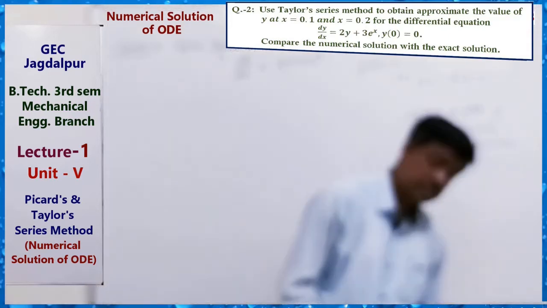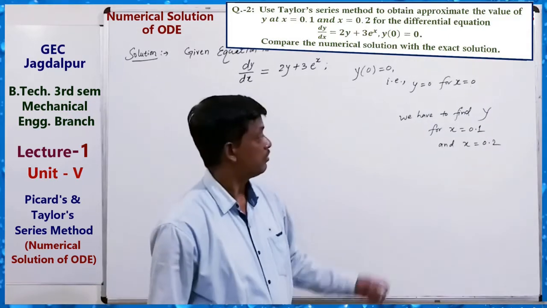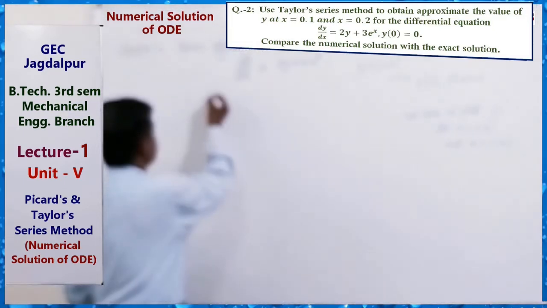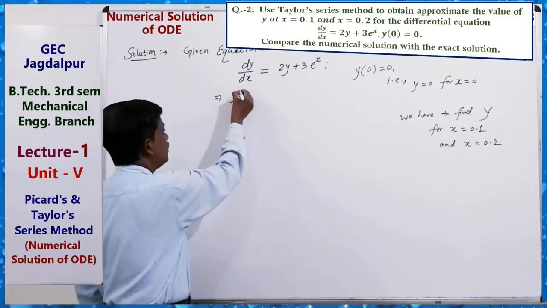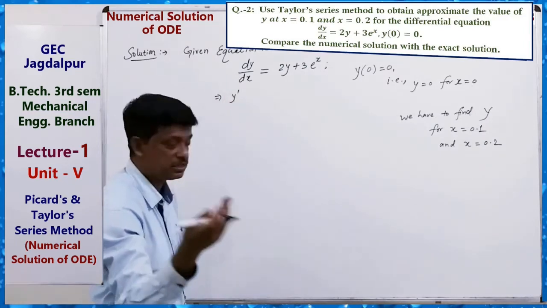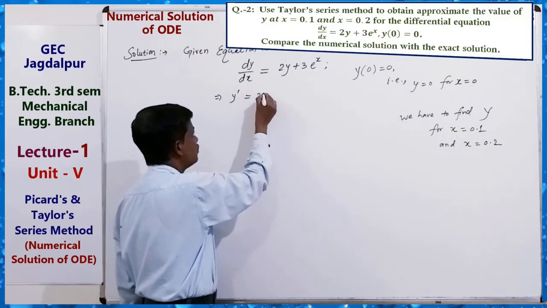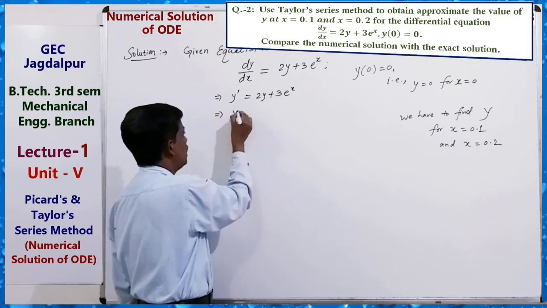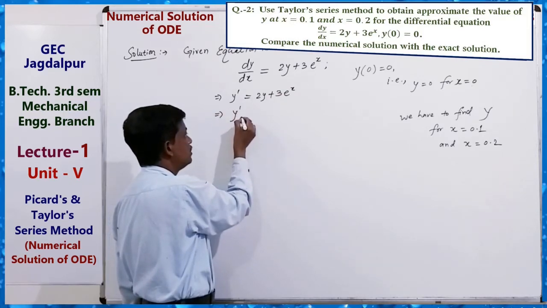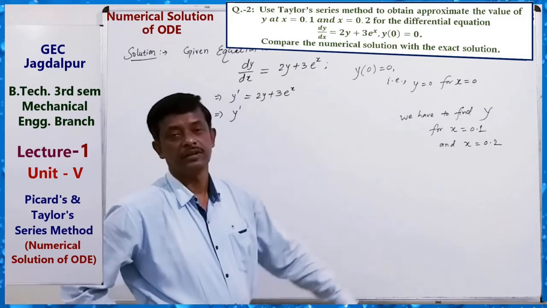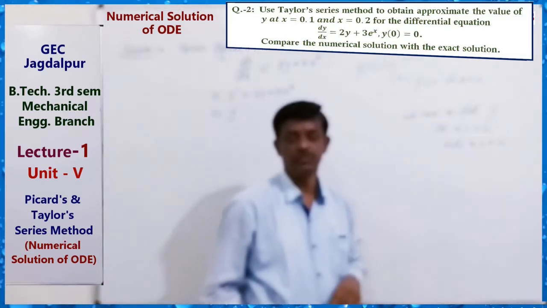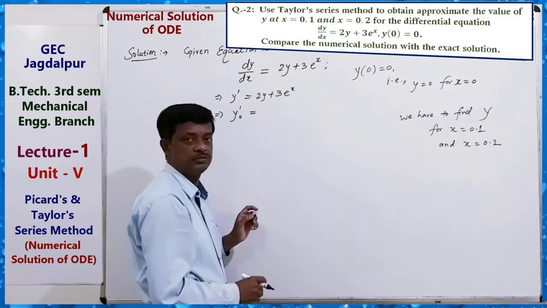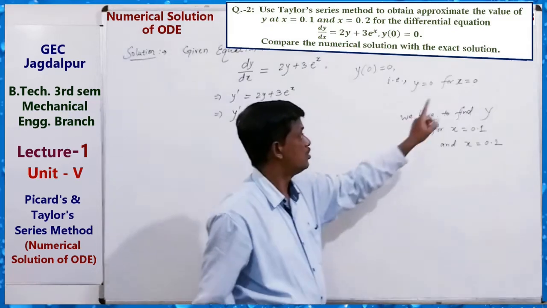First of all we have to find the different derivatives of this function. This is dy by dx, meaning y dash, so y dash equals 2y plus 3 e to the power x. So y dash at x0, that is y dash 0, equals the expression at x0, y0.